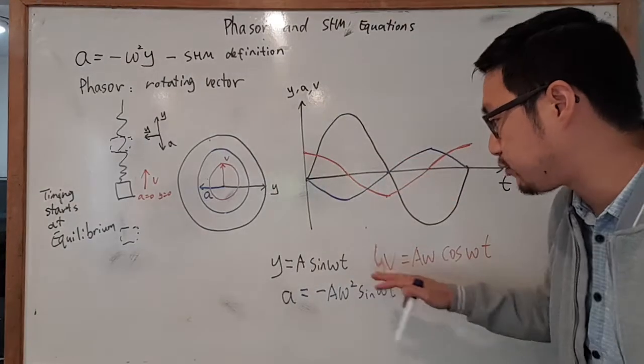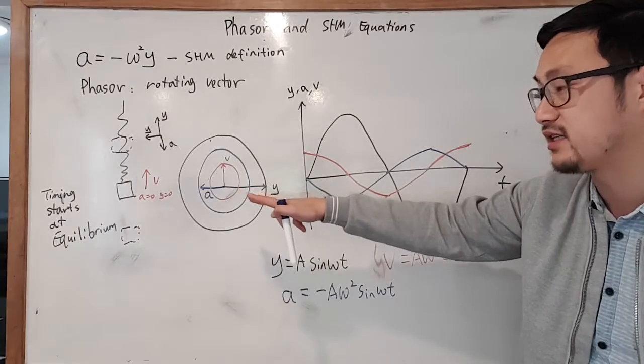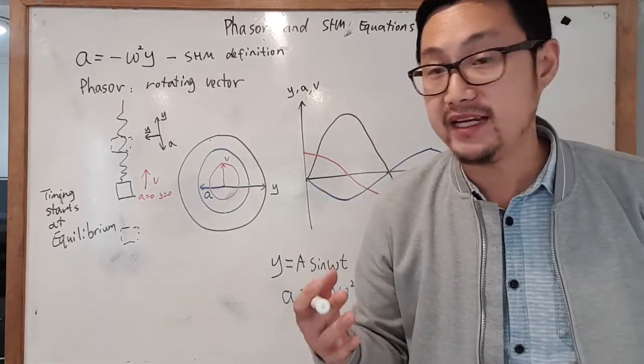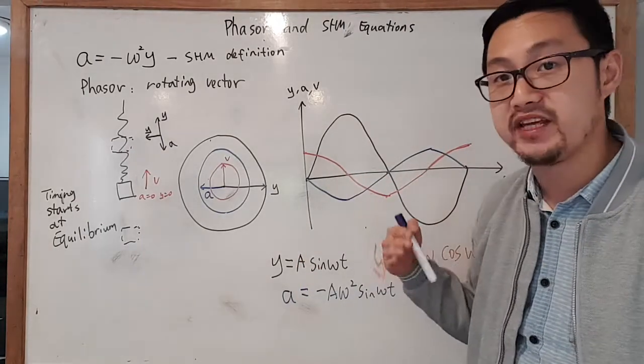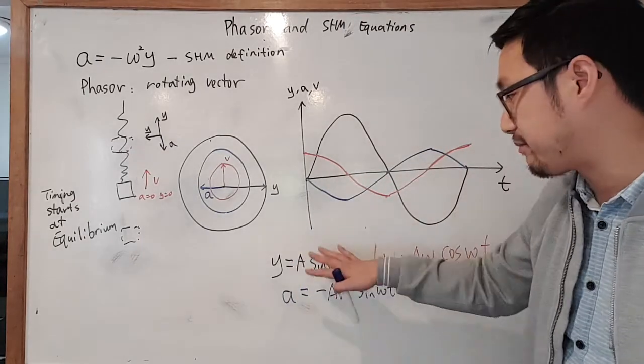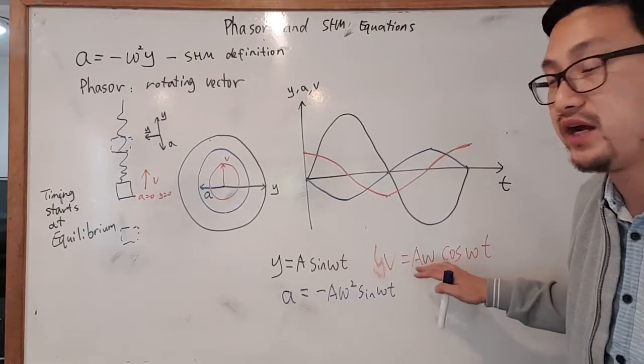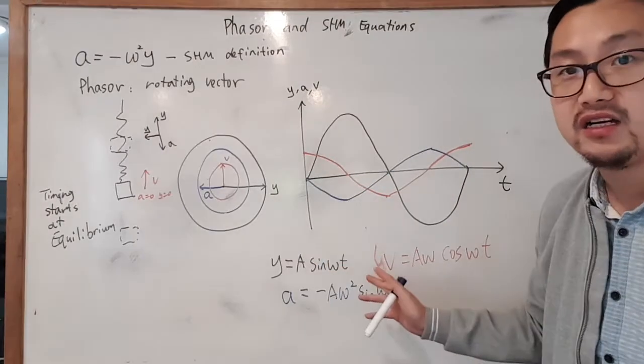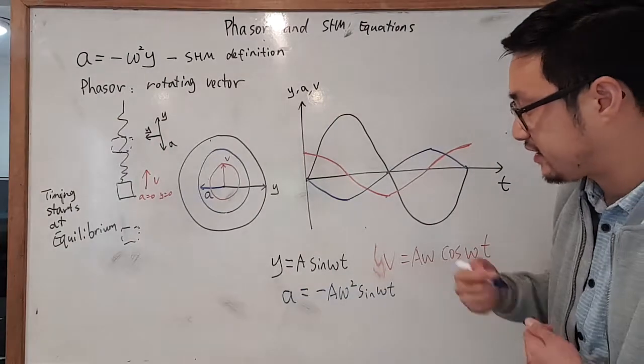These three equations will be given to you, and their timing starts from equilibrium. The same method applies when timing starts from the end position, except that we're not going to be using these three equations. With the same thing, we draw the graph, and we find out it has another set of equations.